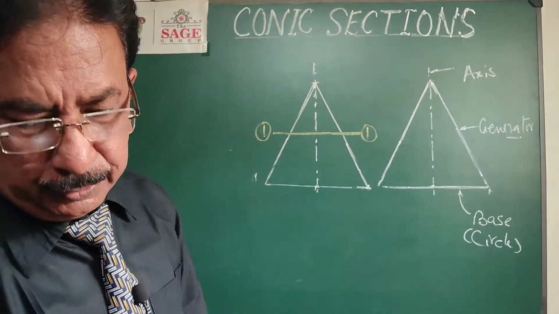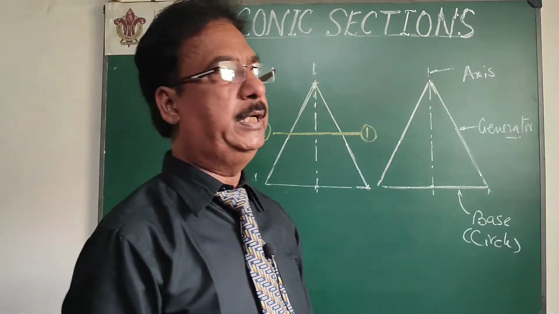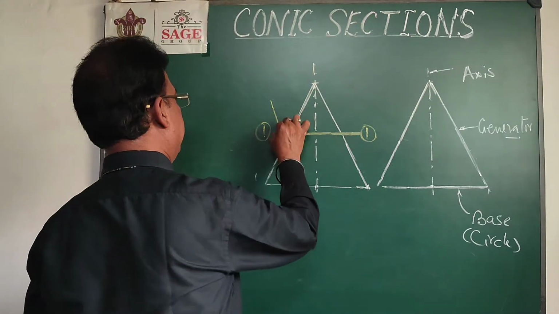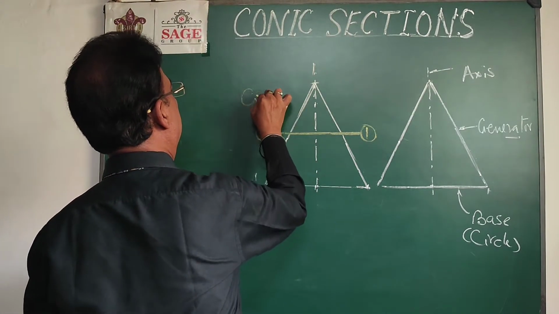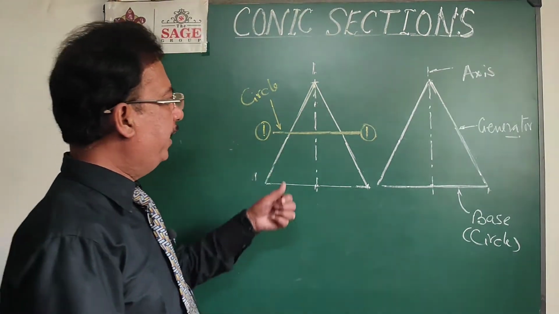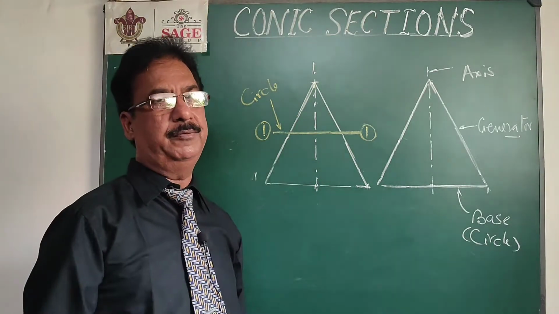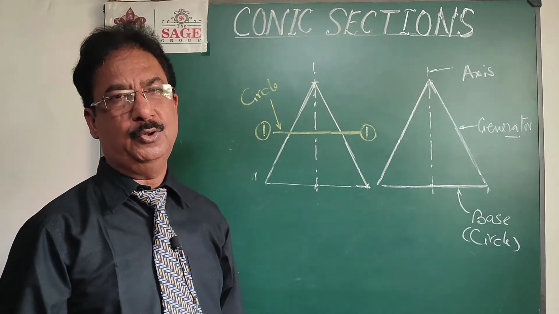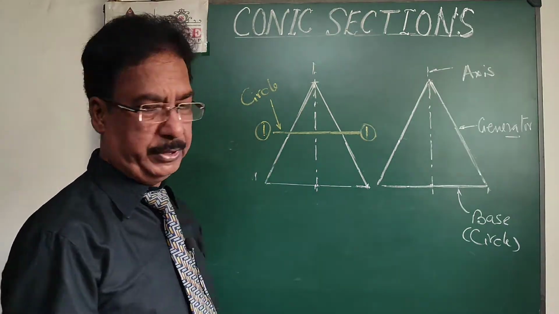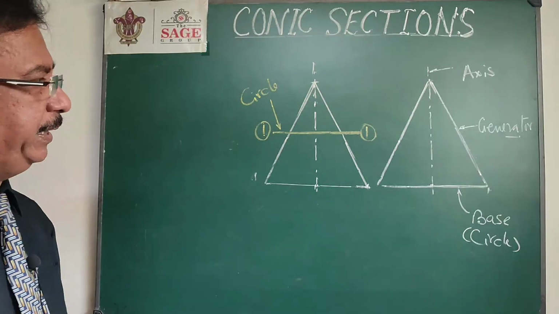If the cutting plane is parallel to the base, the section obtained will be a circle. And you know that if I cut a cone parallel to the base and remove the upper part, the lower part is known as the frustum of the cone. So the first option is a circle, when the cutting plane is parallel to the base.